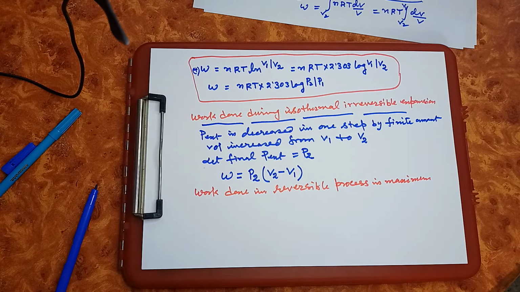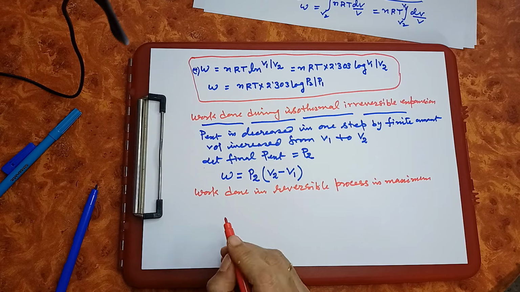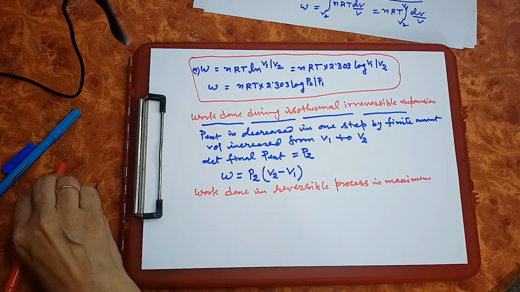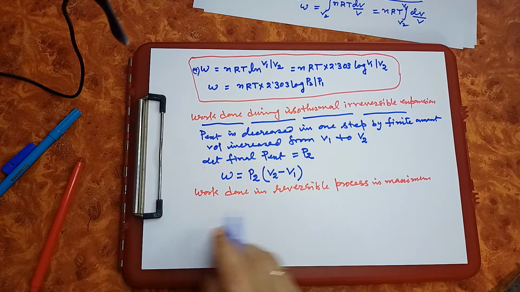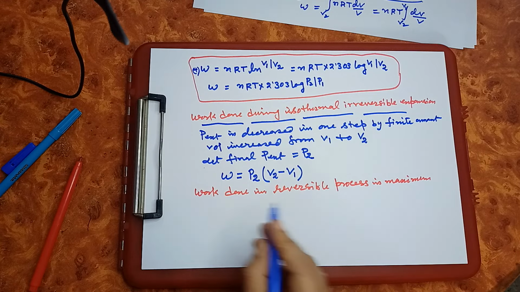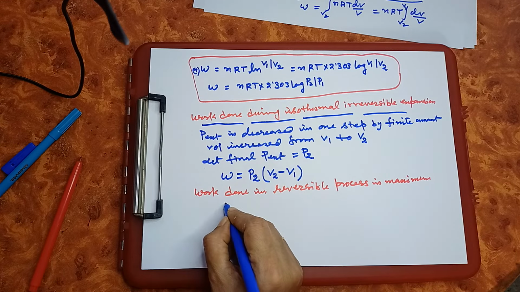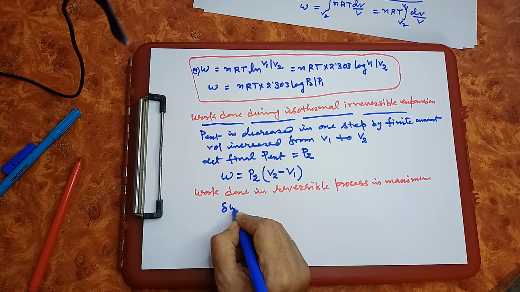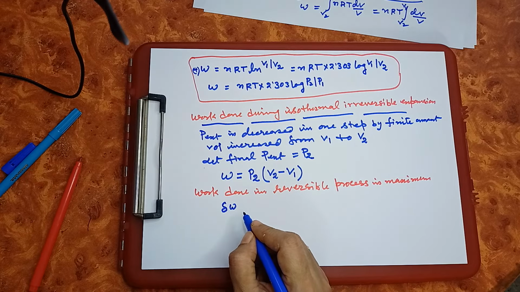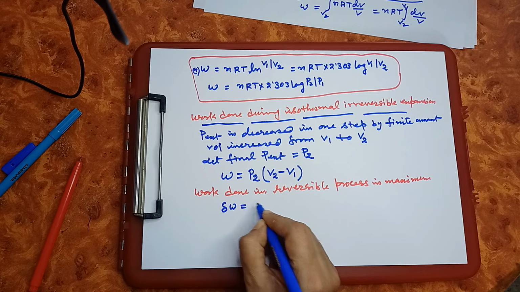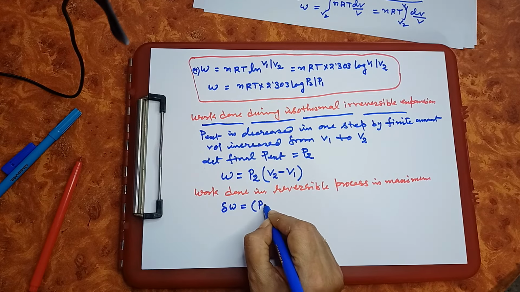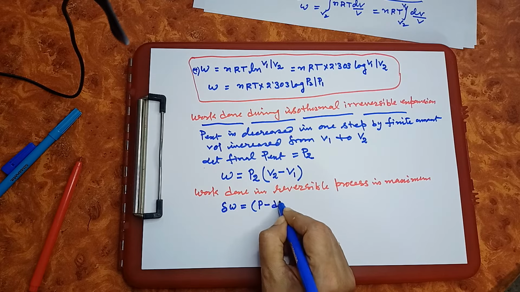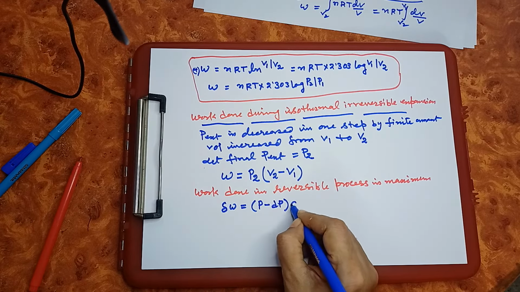Now what we have observed, say for work of expansion, work done by the gas, del W in the reversible process will be, as we have written, P external, written as P minus dP, into dV.